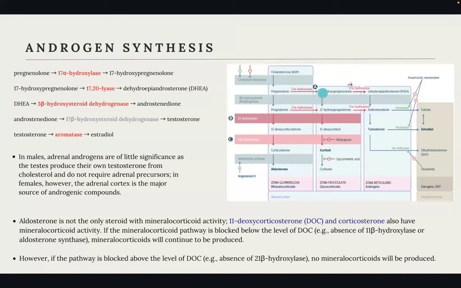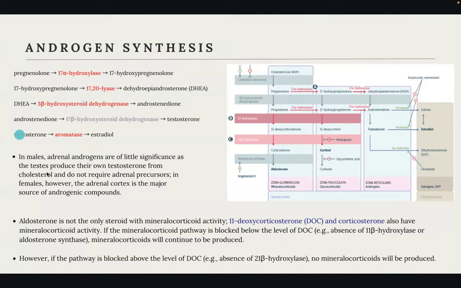Remember that hydroxypreg will give me DHEA, and hydroxyprogesterone will give me androstenedione. And then I could use another enzyme to have testosterone. From testosterone, I can maybe use aromatase to have estradiol, or I could use 5-alpha reductase. Again, don't worry about these. They will be mentioned in repro. But 5-alpha reductase will give me DHT, dihydrotestosterone, which is basically a weak form of testosterone.